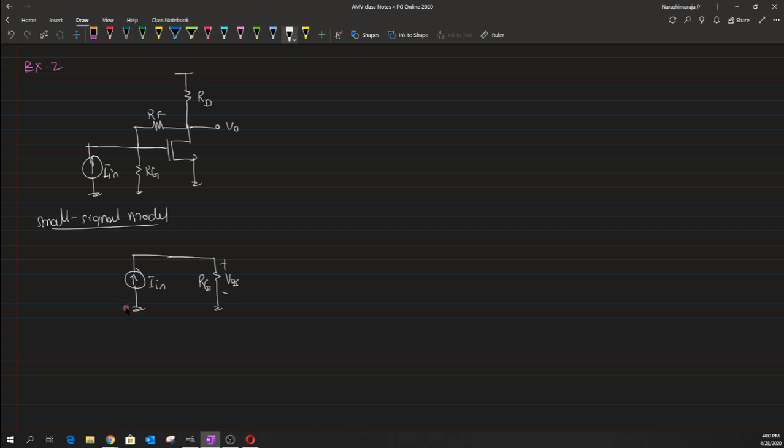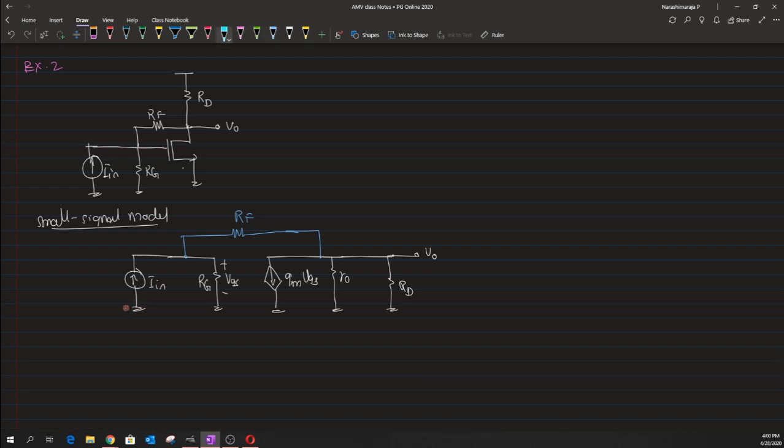And inside this MOS transistor we have a voltage controlled current source, and it depends on the polarity of this Vgs, the current flow, and based on this polarity we have a current which is gm times Vgs, and there is a finite amount of output impedance which is r naught between the drain and the source, and then we have this Rd resistor, and we have this V naught, and we also have a feedback resistance that connects the input to the output as Rf.